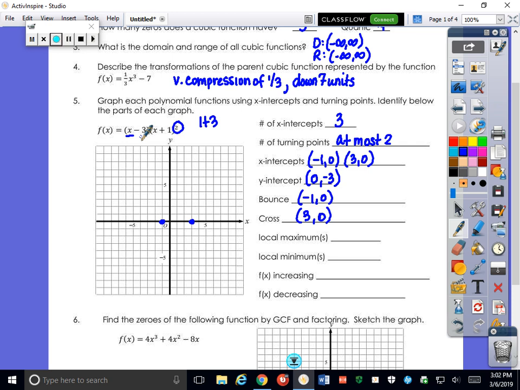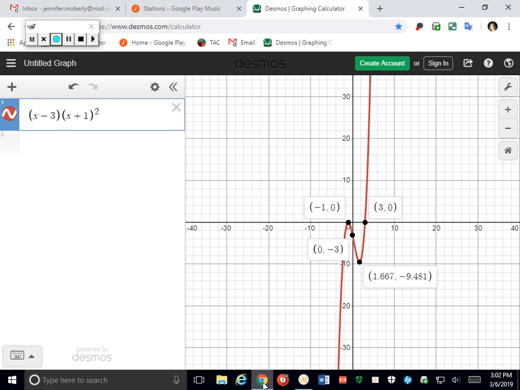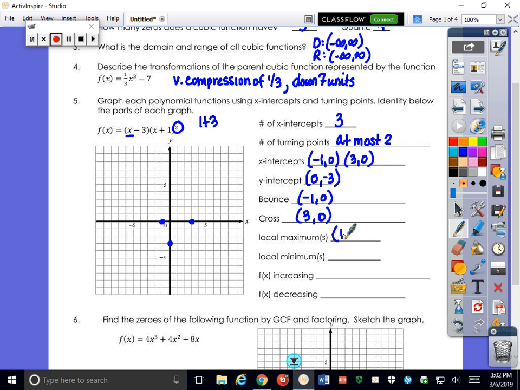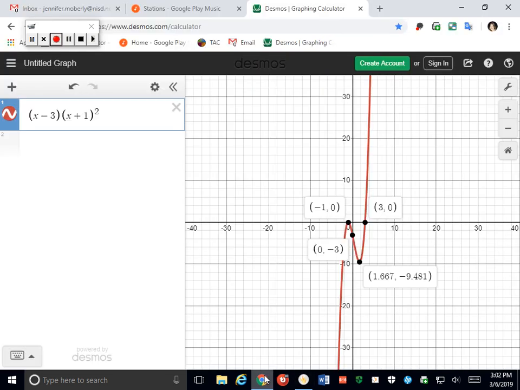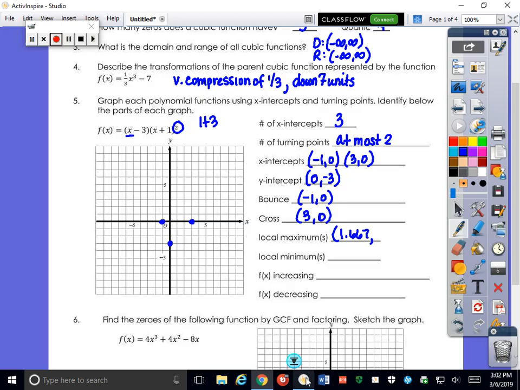Okay, so the local min and the local max. You look at the function. The local min is going to be this point right here. It's a decimal, so 1.667, -9.481.